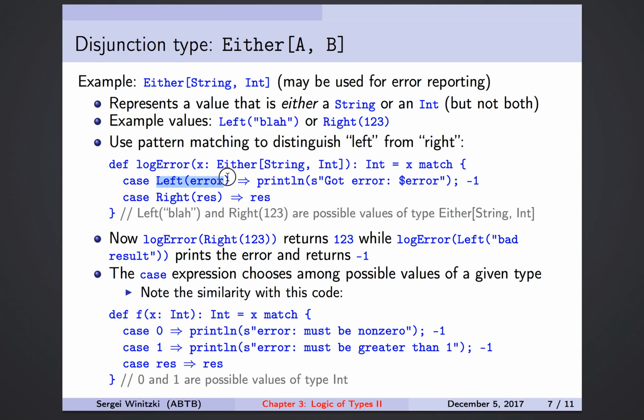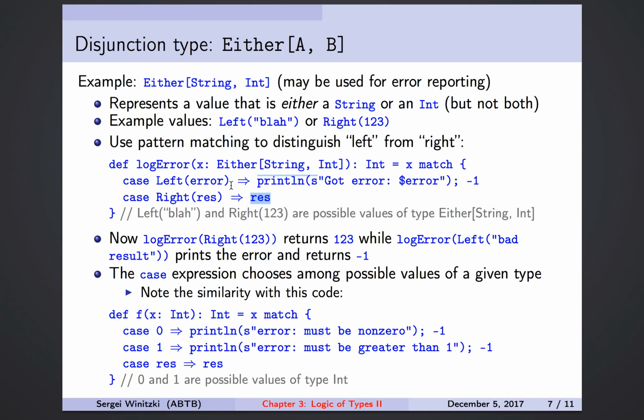Left having an error value, which is of type String, and Right having a result value, which is of type Int. In both cases, we can specify what needs to be done, or rather the expression that needs to be computed. Well, we can print, of course, but we need to return a value, and this function must return an integer value. So let's return some integer value, why not? And then the result. This is just an example.